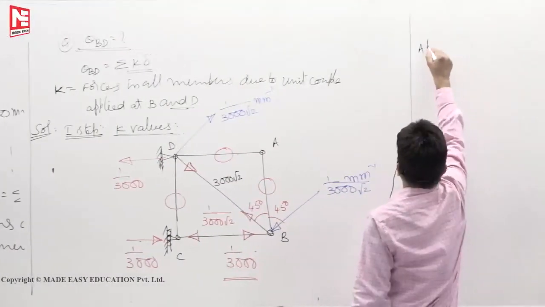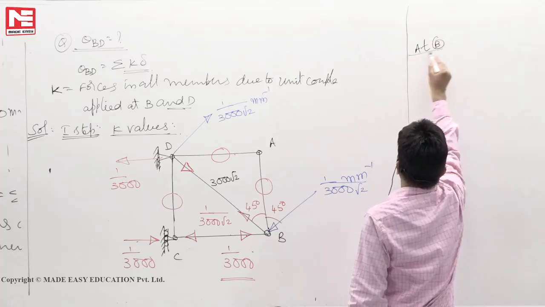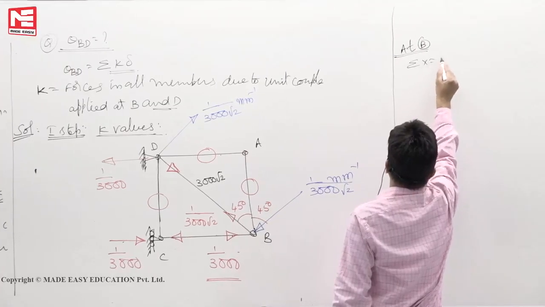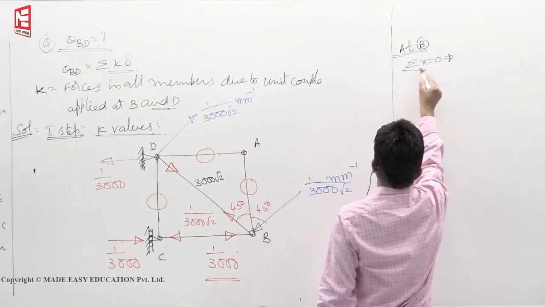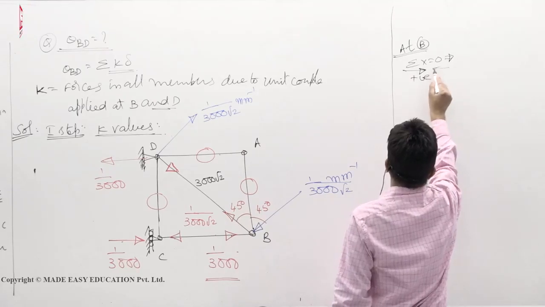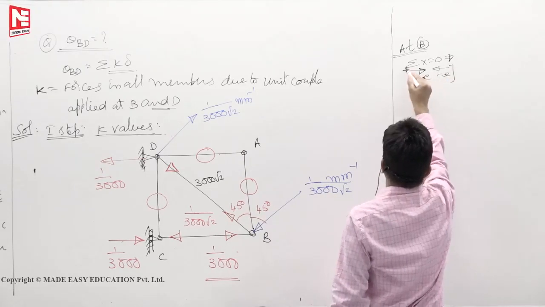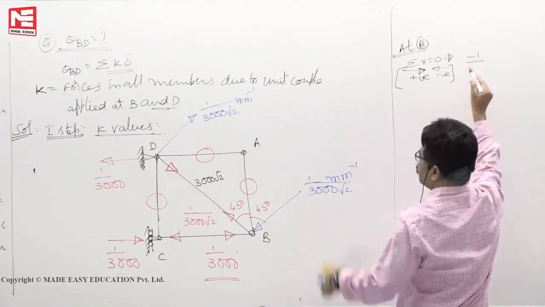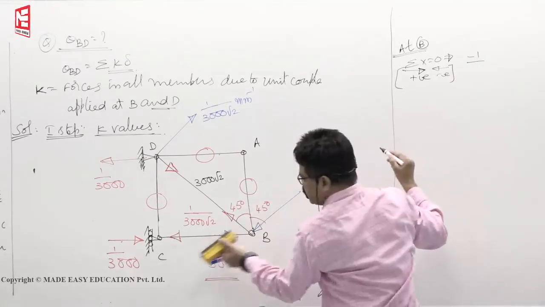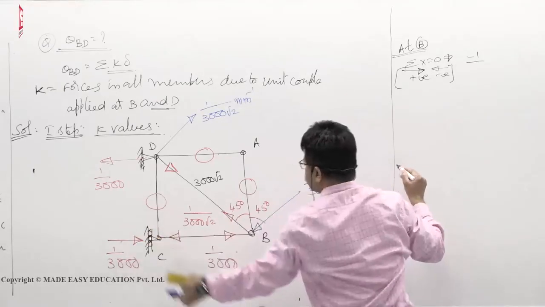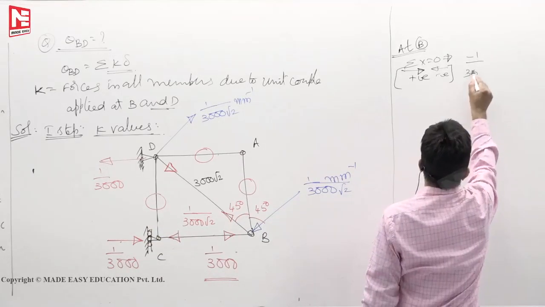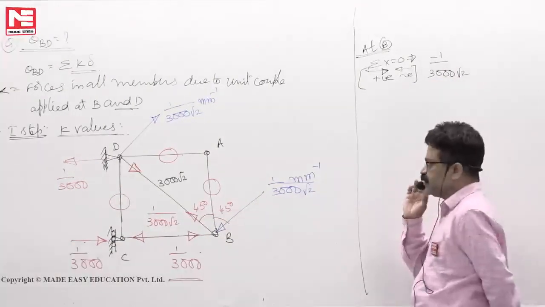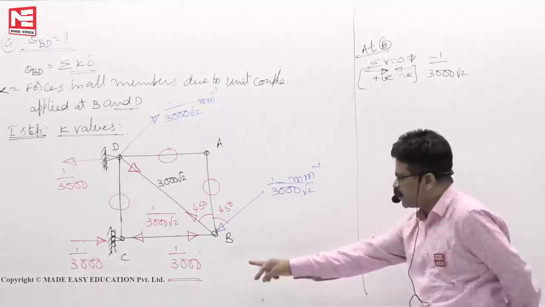At joint B, you write sigma x is equal to 0. Any force that acts to the right is positive, to the left negative. See this one, 1 by 3000 root 2, acting on the left side, going downwards, means down to the left. So 1 by 3000 root 2 cos 45.